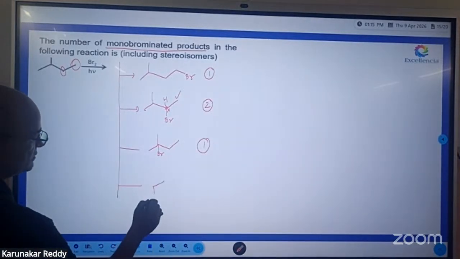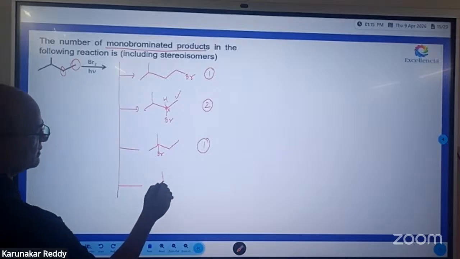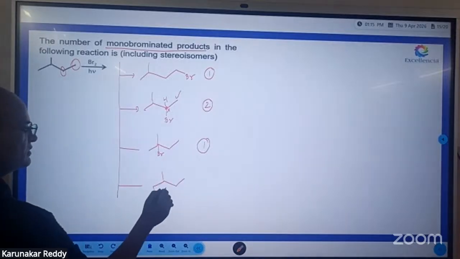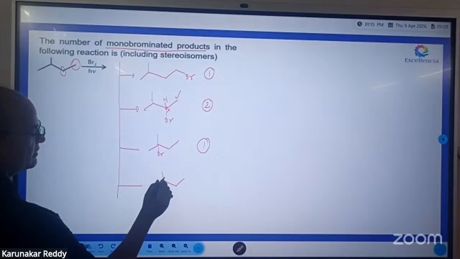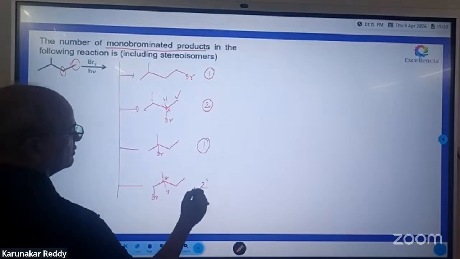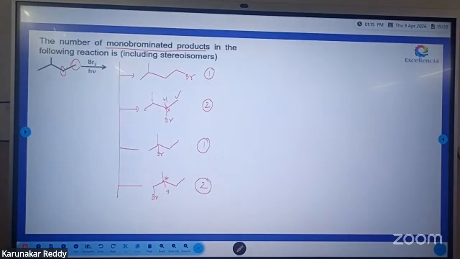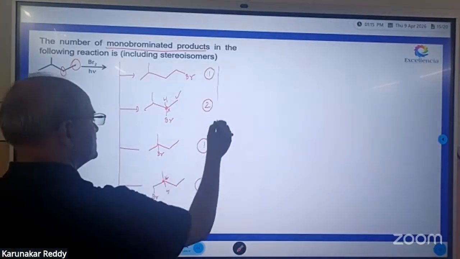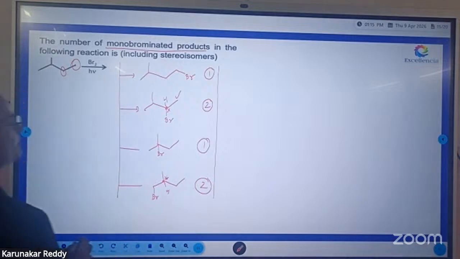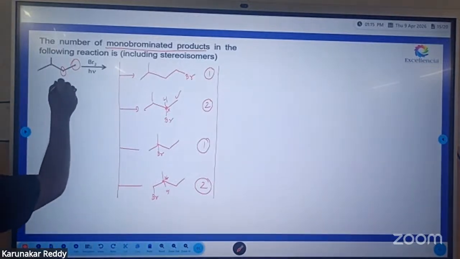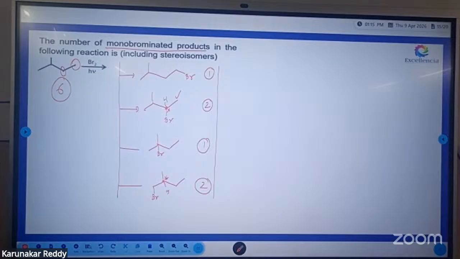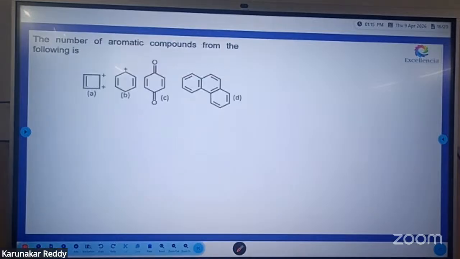Once the bromination is done at this place, this carbon is a chiral center, so it is going to have 2 stereoisomers, D and L isomers. Then 1 plus 2 plus 1 plus 2 means we are going to get 6 isomers. So this is easy.